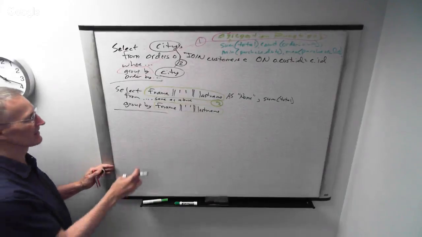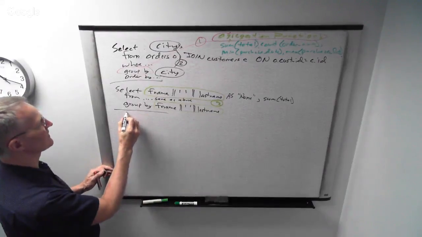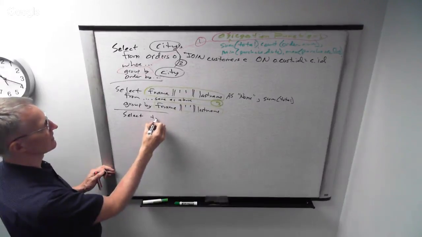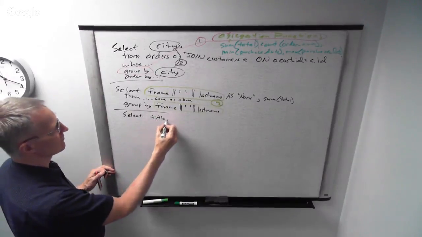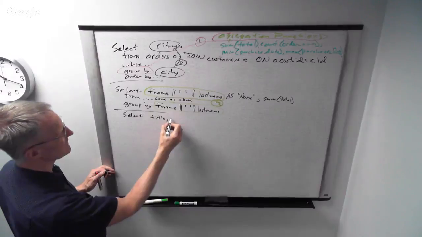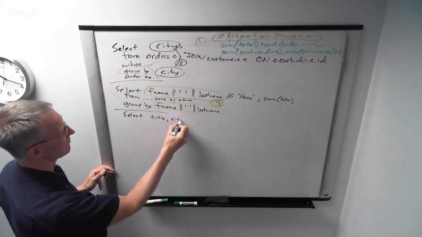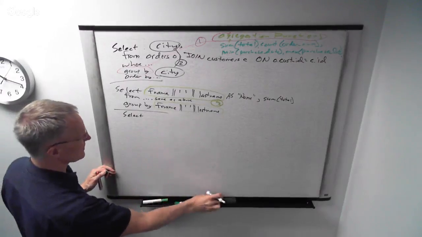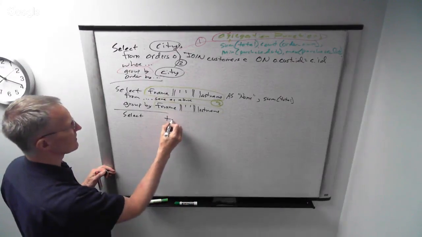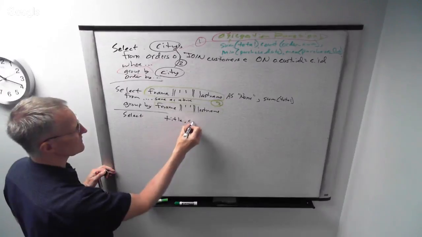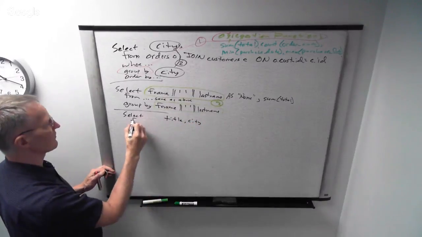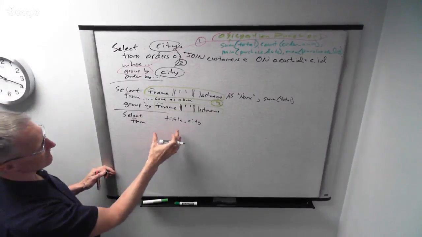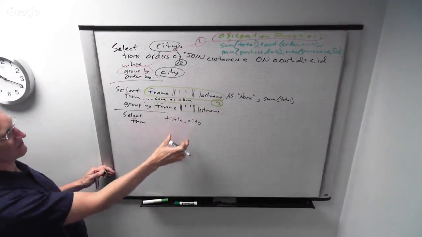And the select statement there was select title and city. Let me spread this out just a little bit because I'm going to change it here. Select title, city, from, and here this is title and city.